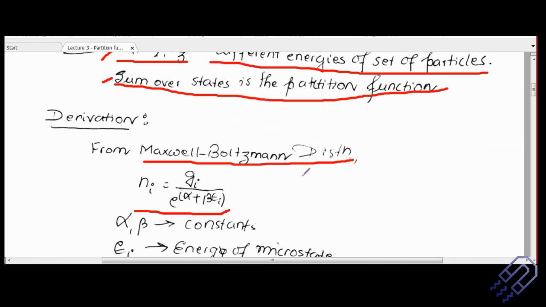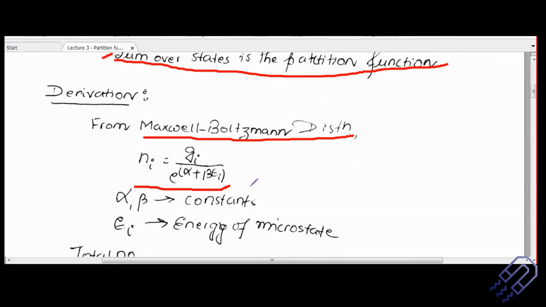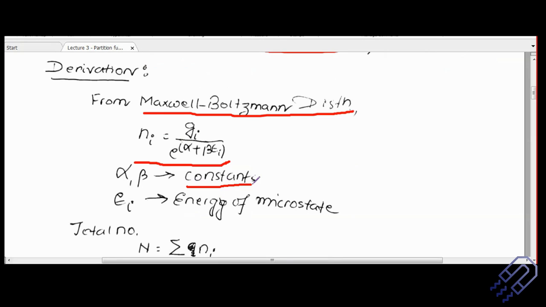We have the Maxwell-Boltzmann distribution, the equation that we derived in the last class, written here in a different form: Ni is equal to Gi e to the power minus of (alpha plus beta epsilon i). Alpha and beta are constants. Even if you don't remember the term Lagrange's multiplier, you can still use the term constant. And epsilon i is the energy of the microstate. Here we are considering a single microstate, not n number of microstates.